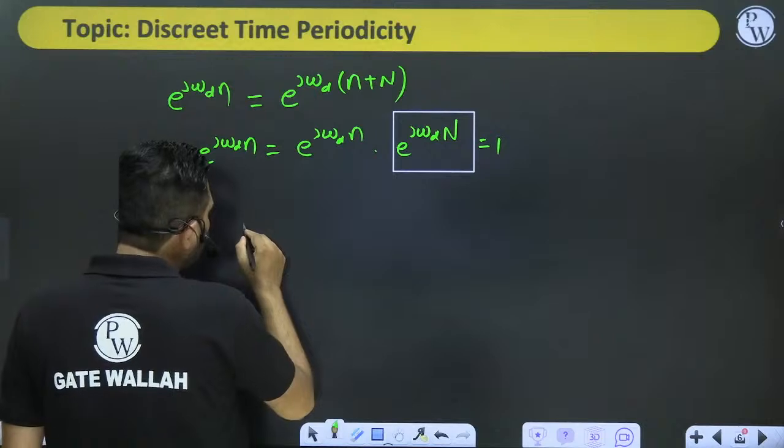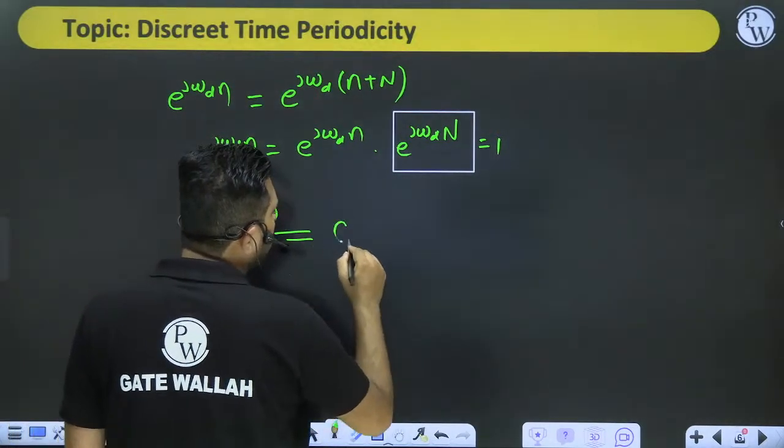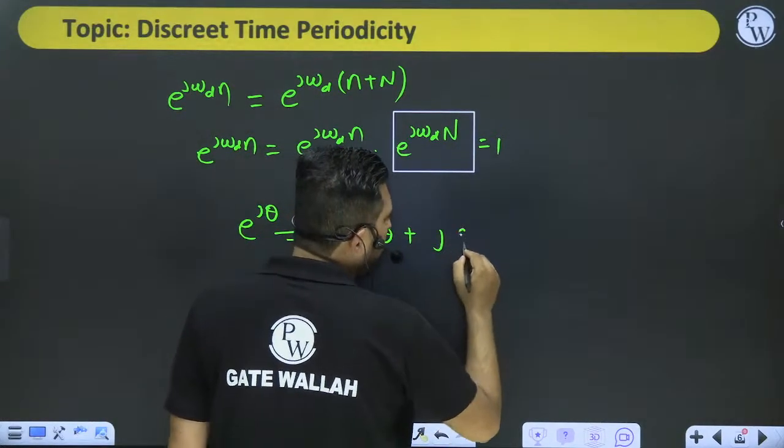And I told you in the last class that e to the power j theta can be written as cos theta plus j sin theta.